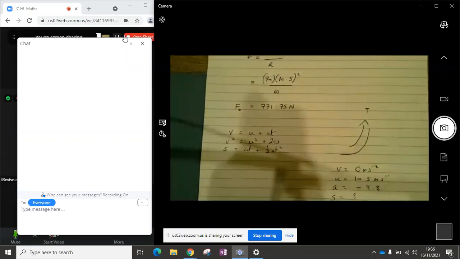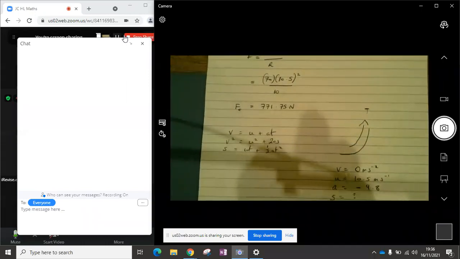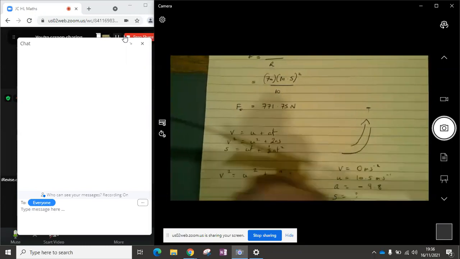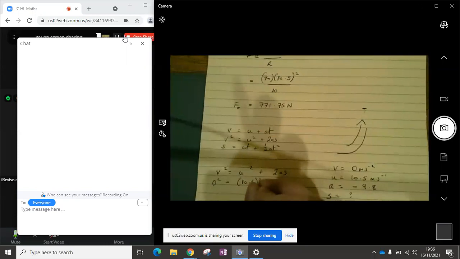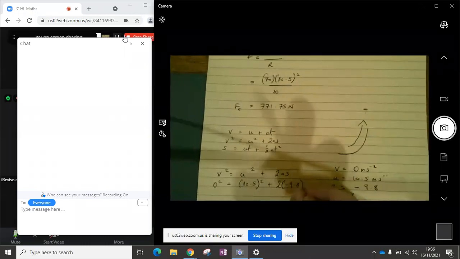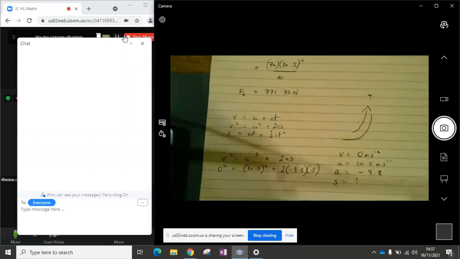So we have v, u and a, we're not looking for t, and we're looking for s. This is our equation: v squared is equal to u squared plus 2as. v is 0 squared, u is 10.5 squared, plus 2 times a, which is minus 9.8, times s. Calculator out.